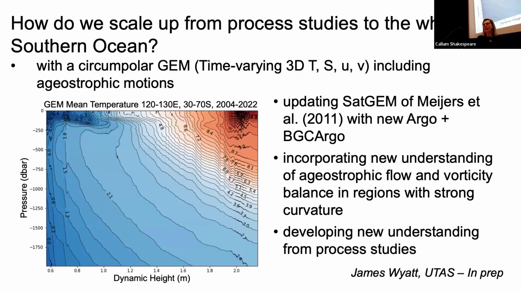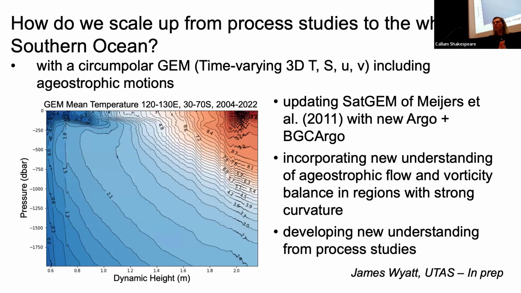So how do we scale up from our very detailed process studies to the whole Southern Ocean? And one tool that's been used a lot in the past is a gravest empirical mode climatology. And in this case, we're talking about one that applies to the whole circumpolar belt.